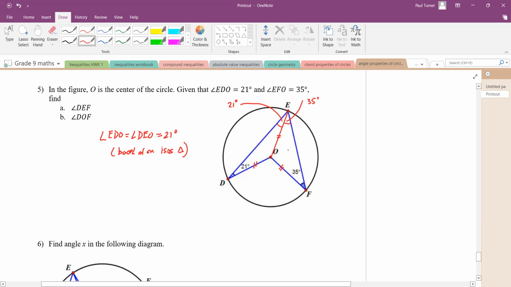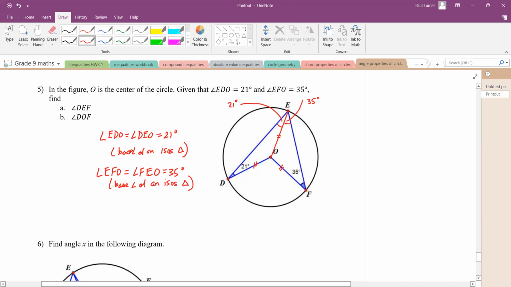And we say the same for this one. So here, EFO equals angle FEO, and they both equal 35 degrees. And that's, again, base angles of an isosceles triangle.